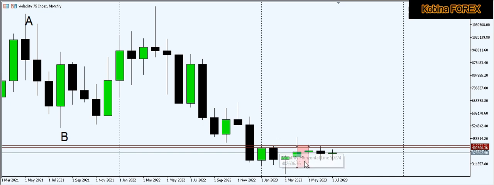What do we do? If price trades above it with the body of the candles, we go back into time to a price point, a bullish price point where it doesn't touch this particular price level. So this would have been the price point. So now the range would have been from this particular price point all the way down here.